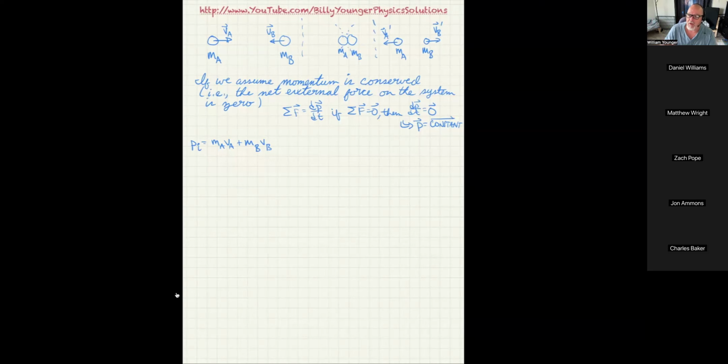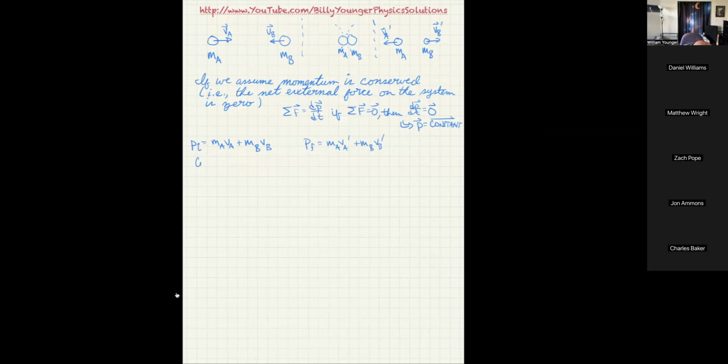So we're not using F equals ma or F equals dp dt for the mass A, nor are we using it for the mass B. We're using it for the system, which includes mass A and mass B. The final momentum, as drawn by the diagram, is going to be MAVA prime plus MBVB prime.